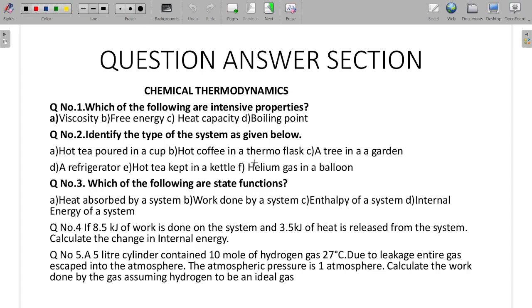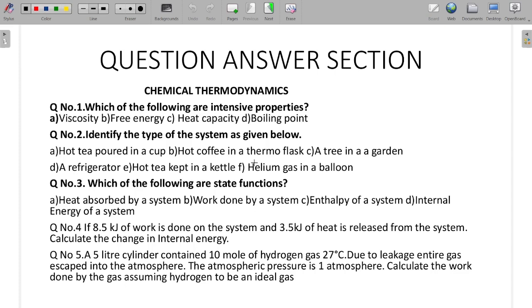First, which of the following are the intensive properties? First, you have to know what is intensive and extensive properties. Intensive properties are the properties on which the value of the property does not depend upon the matter contained.